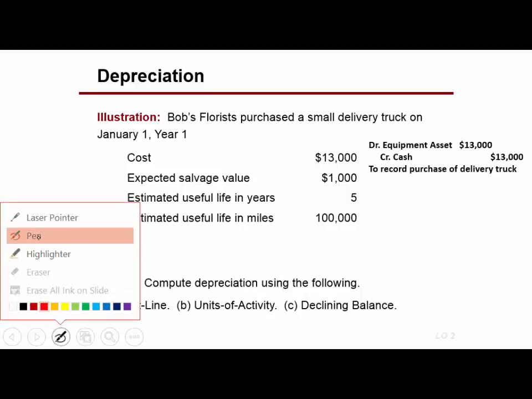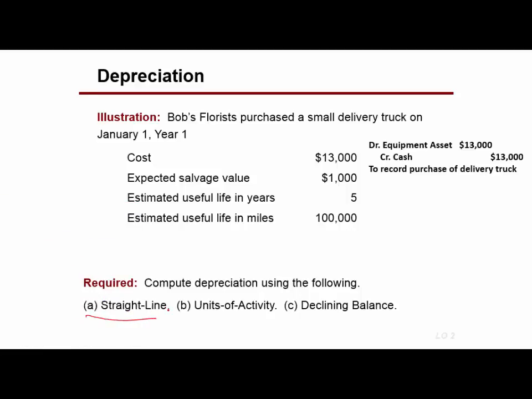It's the $13,000 purchase price of this asset minus the $1,000 salvage value, which gives us a depreciable base of $12,000. We'll divide that by the 5 years, and that is going to give us annual depreciation of what?